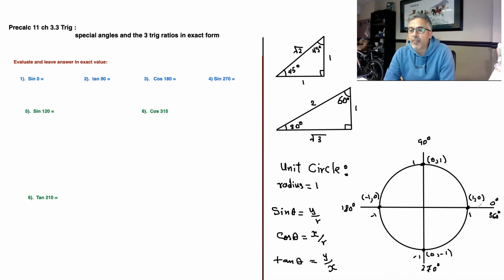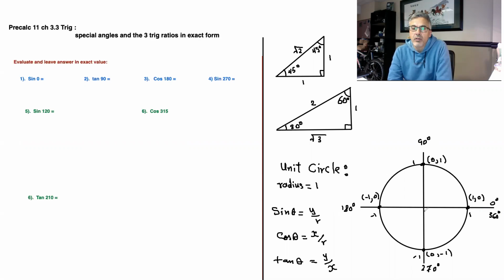So basically this will be 1 and 0. This point here will be 0 and 1. This will be -1 and 0 since the x-axis on this side is negative. And here it will be 0 and -1 since the y-axis on this side is negative.